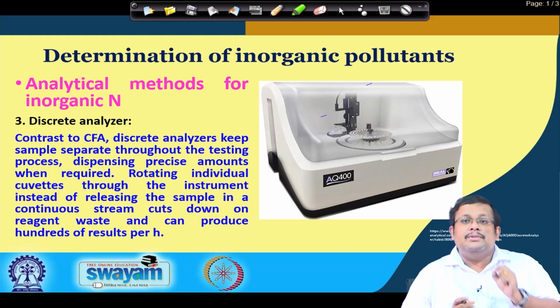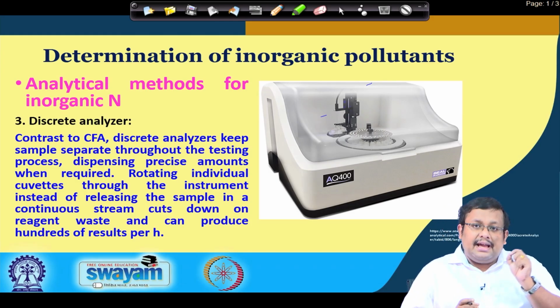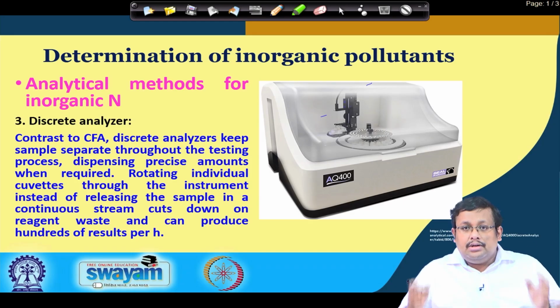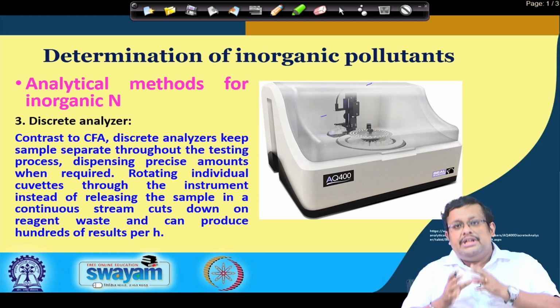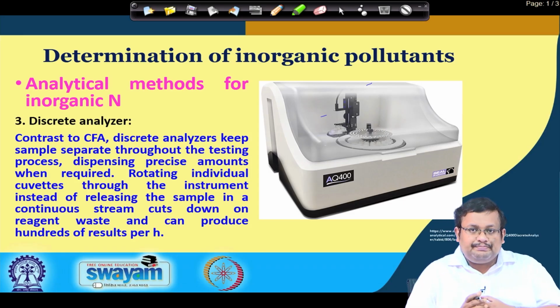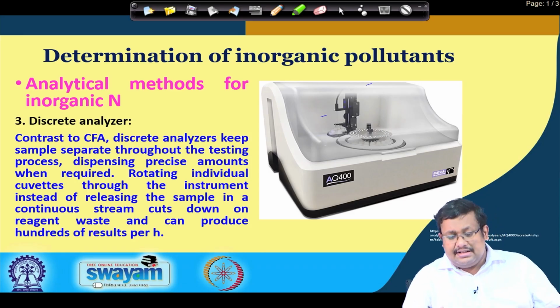So, this instrument is also very precise and it requires a specific amount of specific chemical, and without going for the continuous flow, it basically keeps the samples separate. So, this is called discrete analyzer, and as you can see here, this is a picture of a discrete analyzer.